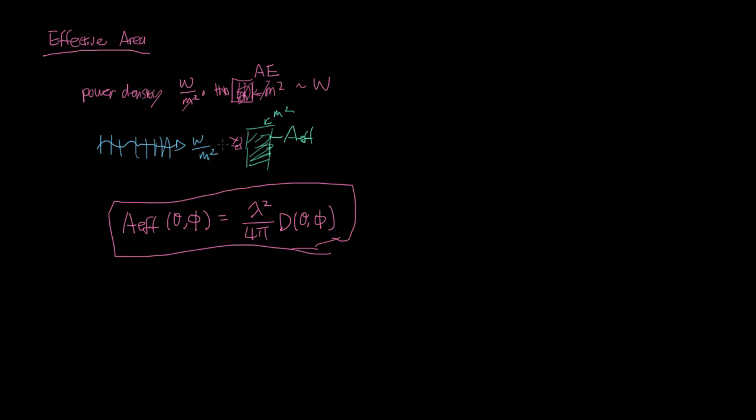Therefore, for the same amount of power density, if you want to extract the same amount of energy, meaning you have the same effective area, then as the frequency increases, lambda is going to go down. So the only way to get the same effective area and extract the same amount from the incoming wave is to have antennas with a high directivity.